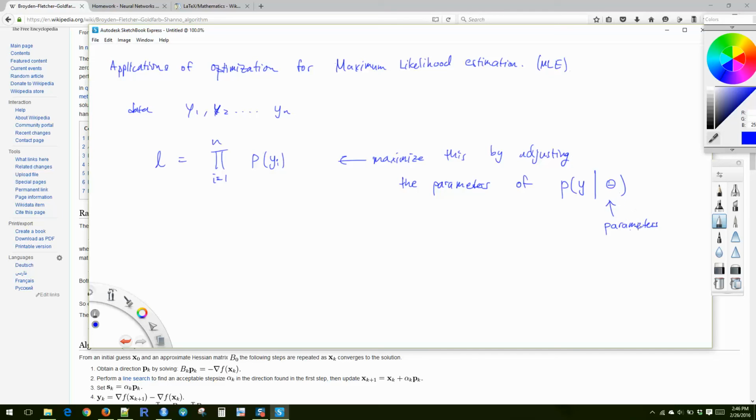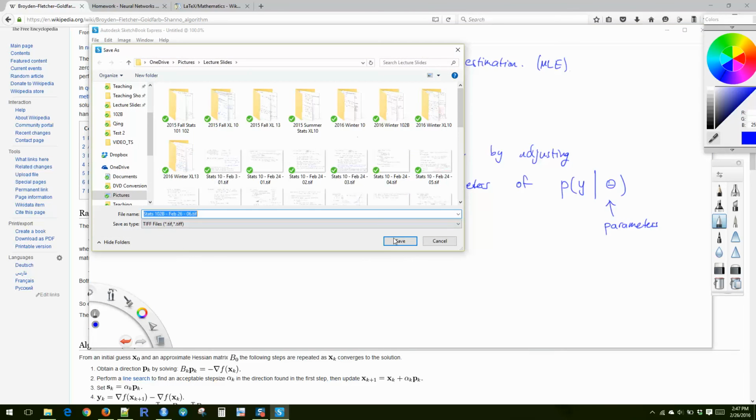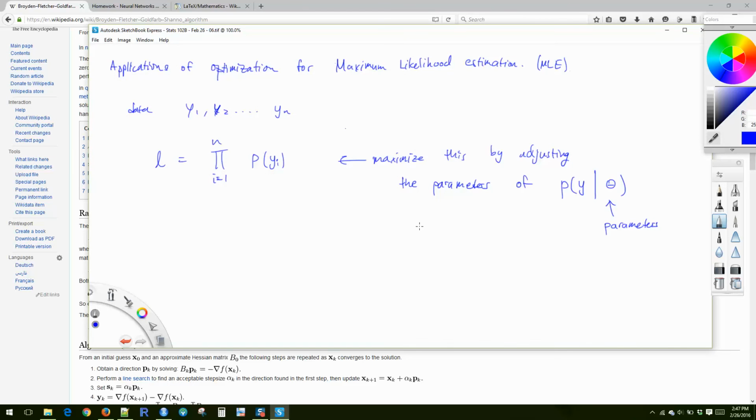And you try adjusting those to maximize the total likelihood of the data. All right, so this is kind of the idea. We'll take a look at this and we'll write up some code on Monday.